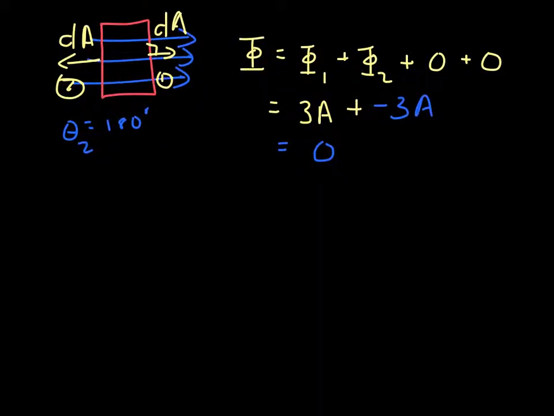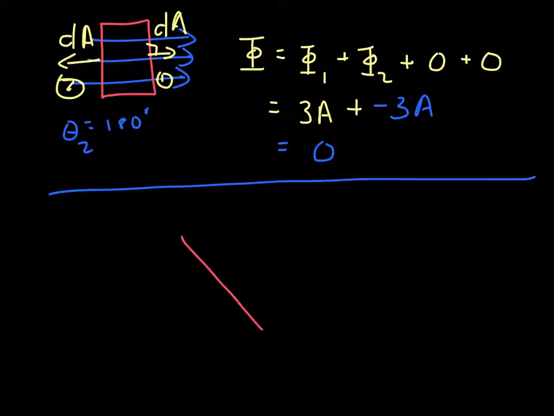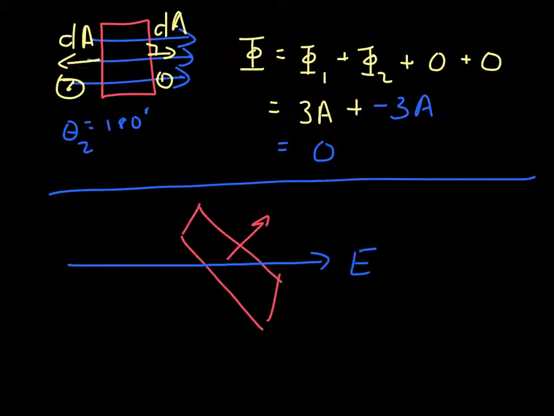So let's do a real quick example, one where theta is not equal to 0. Say you've got a plane right over here, and this would be your dA. This would be your electric field. This would be theta. So in here, your flux equals E times this area times the cosine of theta.